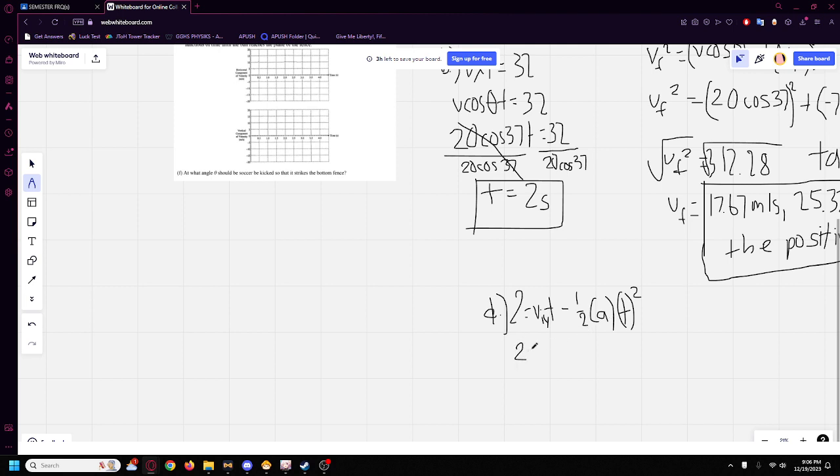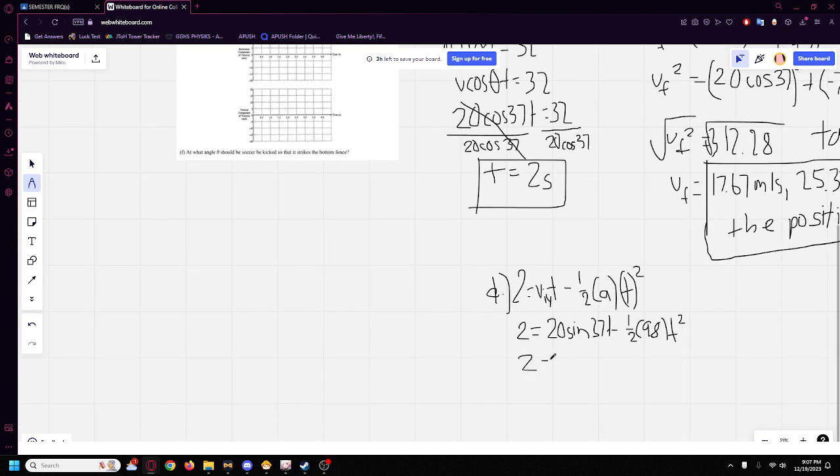So 2 is equal to 20 sine 37 t minus 1/2 times 9.8 t squared, and if you simplify this, it'll be equal to 12 t minus 4.9 t squared.